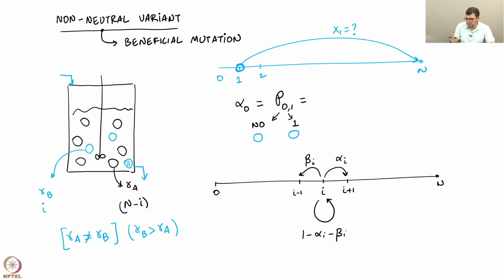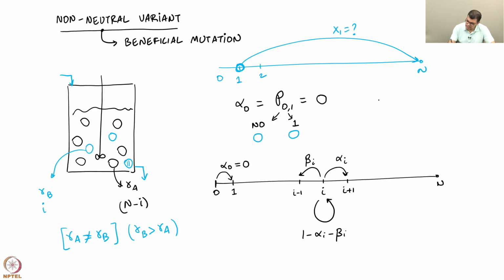Since there is no blue individual and our assumption of no new mutations still holds, this probability is simply equal to 0. I hope everybody sees that alpha 0 is the chance of a forward jump at a given place. But the chance of this jump is simply 0, because if there are no blue individuals here to begin with, you can't have a birth process which gives rise to another blue one, because you need a blue one for that birth event to take place. So, this is simply equal to 0.